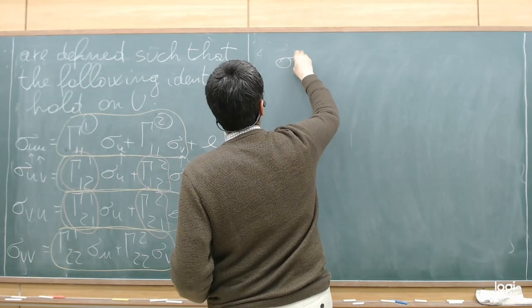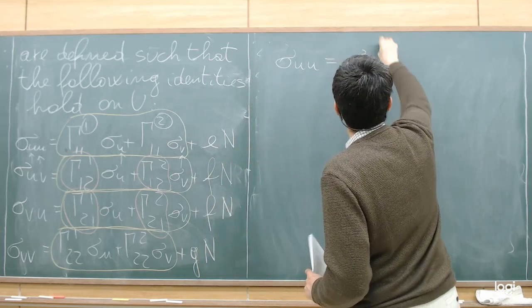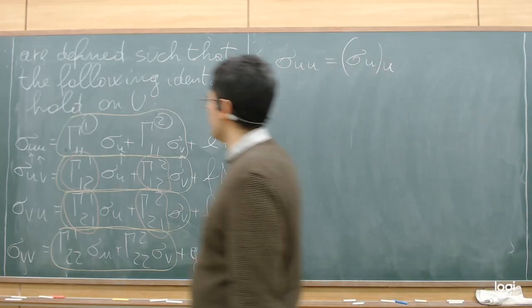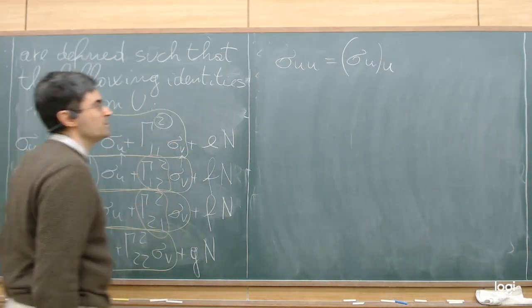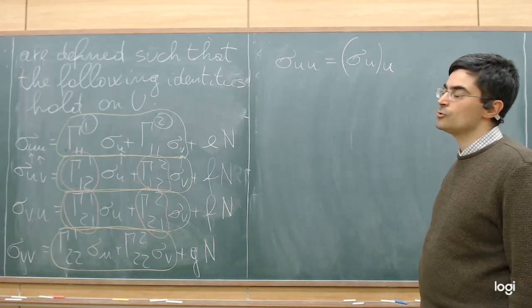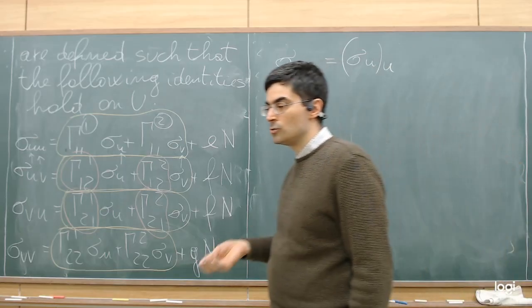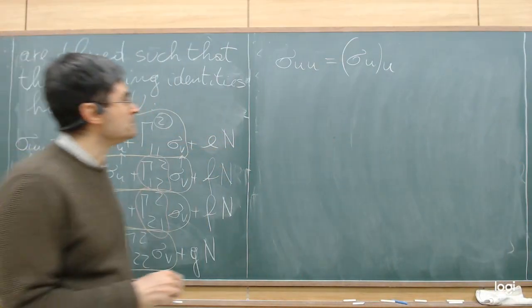We have, for example, sigma uu, and this can be written as sigma u derived with respect to u. This is clearly the tangential part of this derivative here. But we introduce the definition of covariant derivative as the projection onto the tangent space of a derivative.